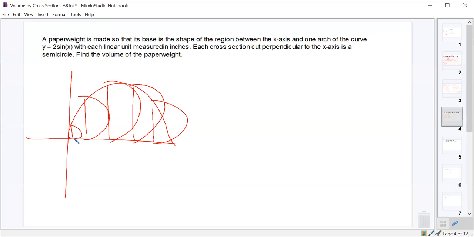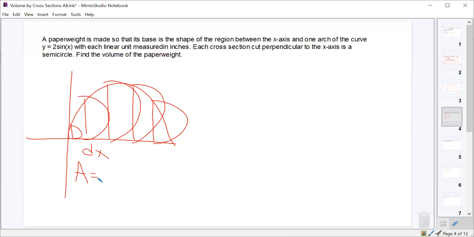And we're going to find the area of the face of the semicircle and multiply it by a thickness of dx. The thickness is dx because they're very, very thin in the x direction. So this is going to be a dx problem. Now, what is the area of a semicircle?